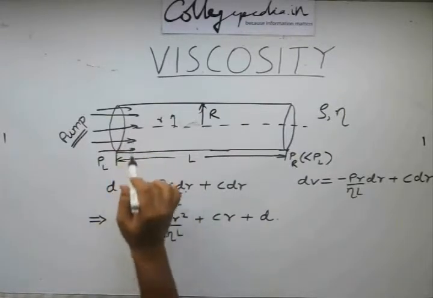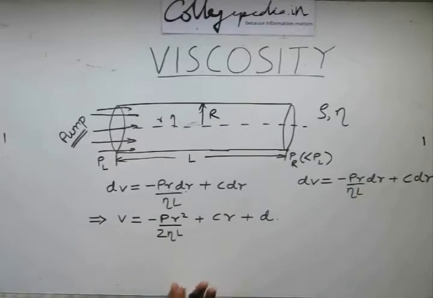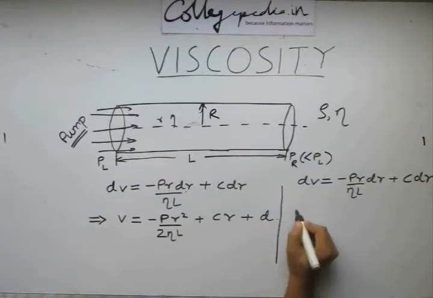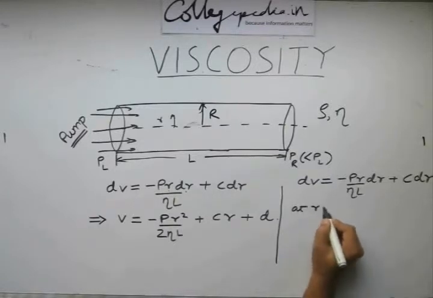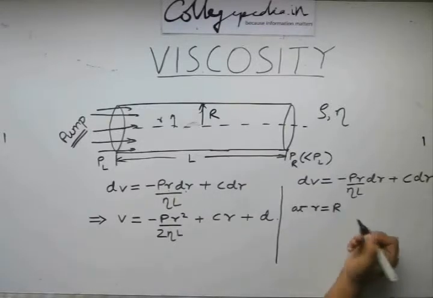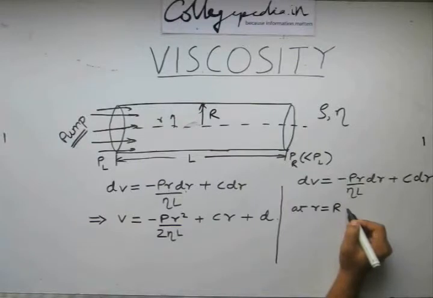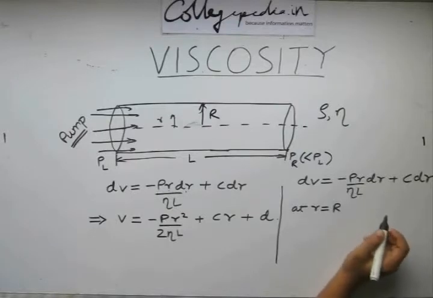At r equal to 0, we will have maximum velocity. So let us write it as V naught, or let us write it as a separate equation. At r equal to capital R, velocity is 0.